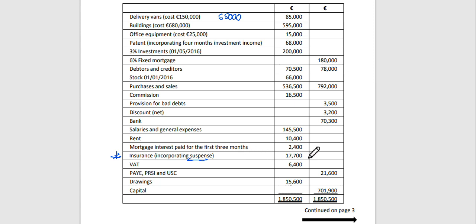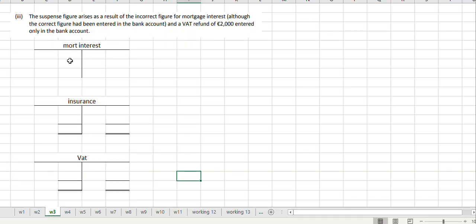Insurance, 17,700 on the debit side, and VAT, 6,400 on the debit side. So these are my opening balances. 2,400. Insurance balance is 17,700, and VAT balance is 6,400.